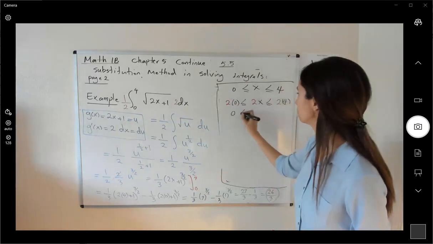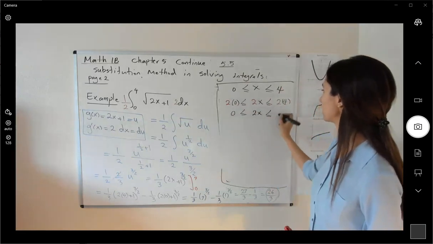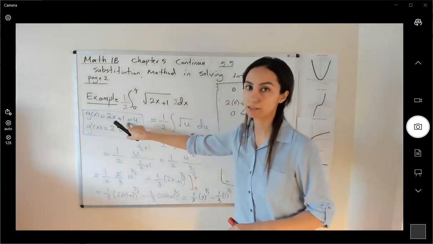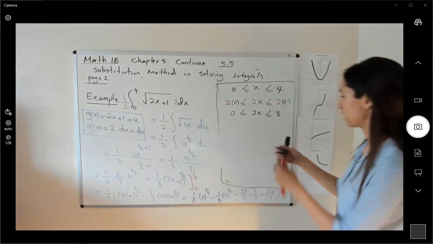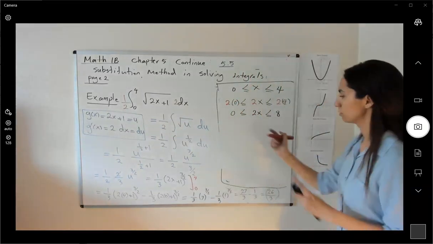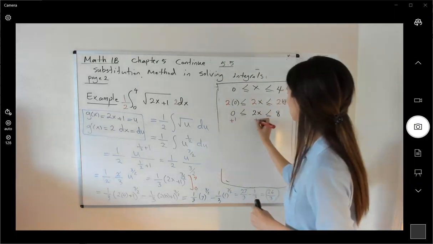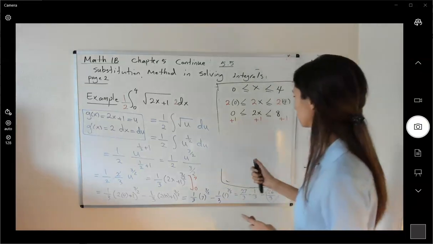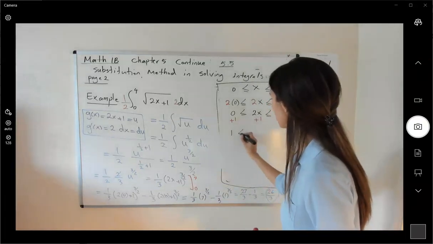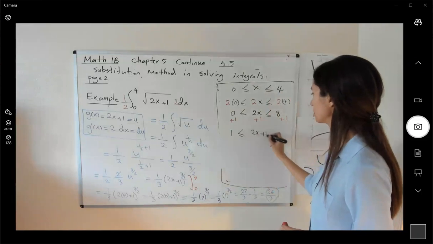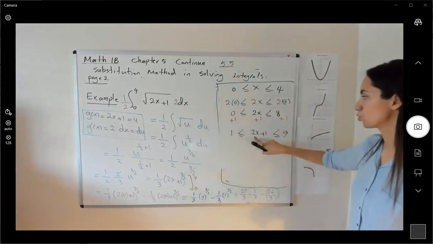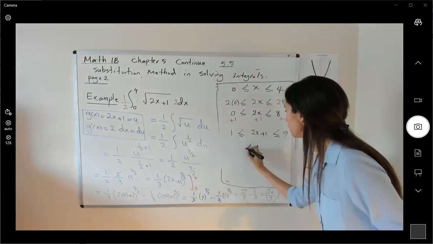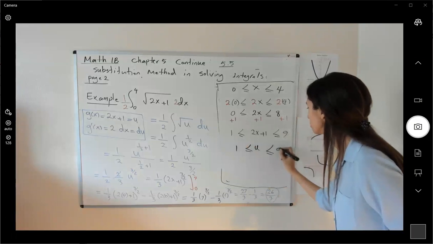This is 0, 2x, and 8. I'm creating this new variable u, 2x plus 1. Now I add 1 to everything. 1 is less than or equal to 2x plus 1, less than or equal to 9. 2x plus 1 is u. So your variable u ranges between 1 and 9.